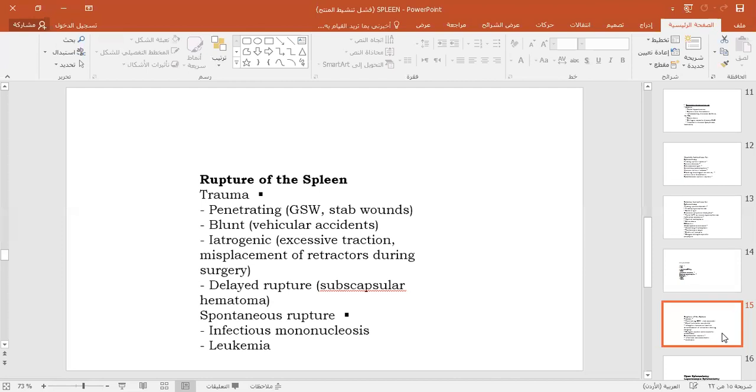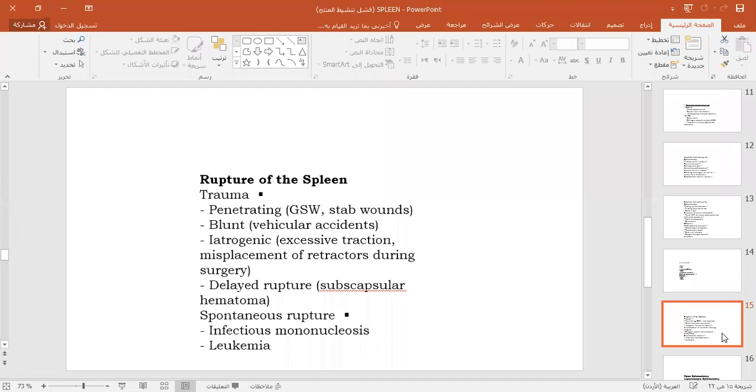during major surgery like gastrectomy or surgery of the pancreas, when the spleen is retracted from the field of the surgery. Sometimes there is iatrogenic injury to the spleen by the assistant, and this trauma to the spleen may need splenectomy.